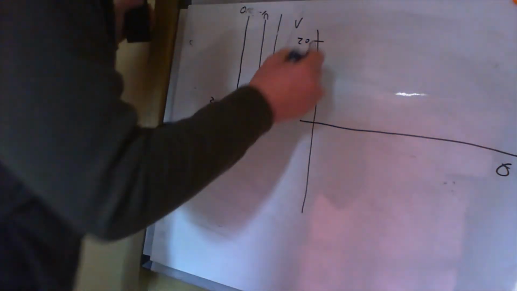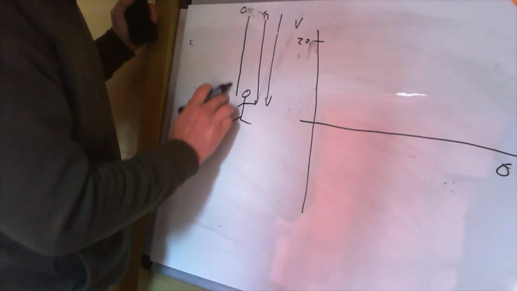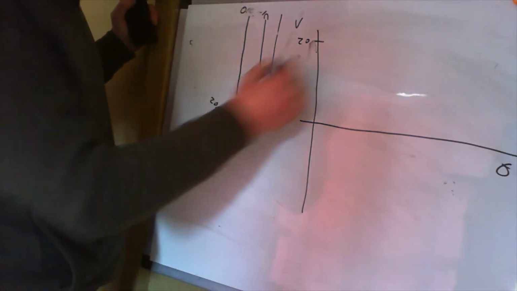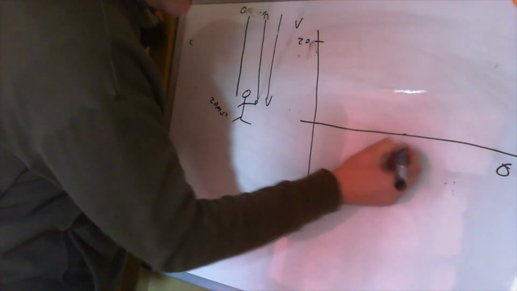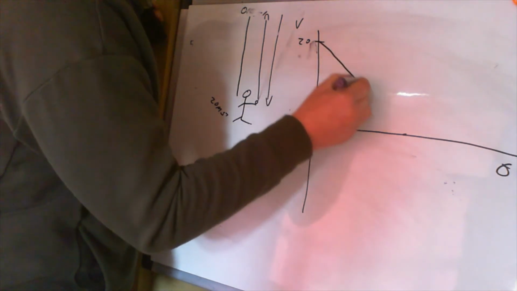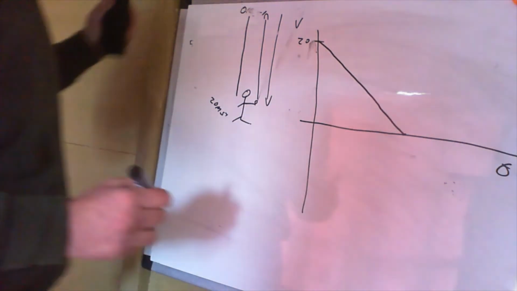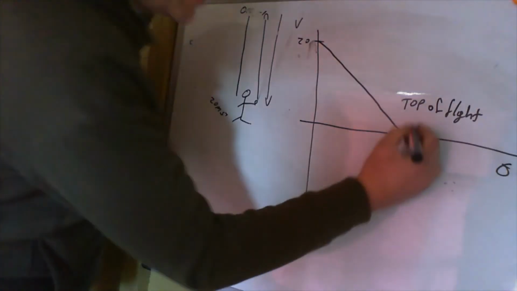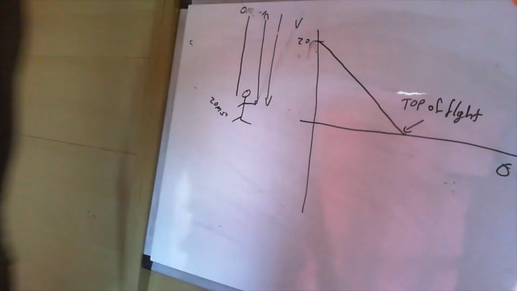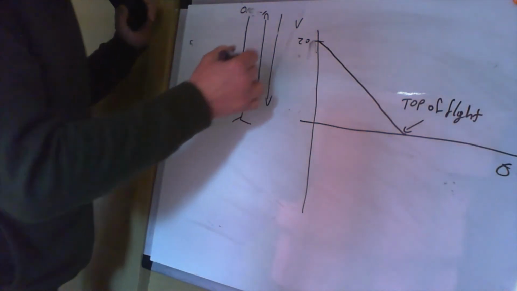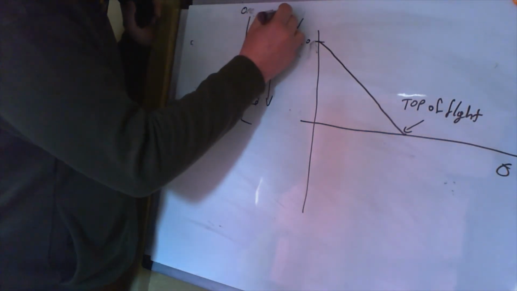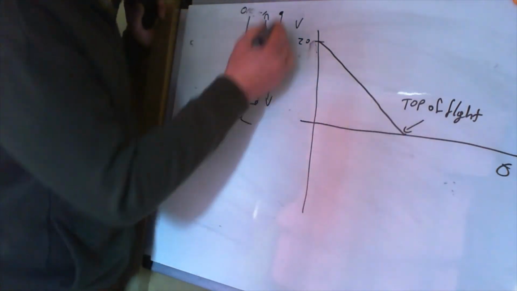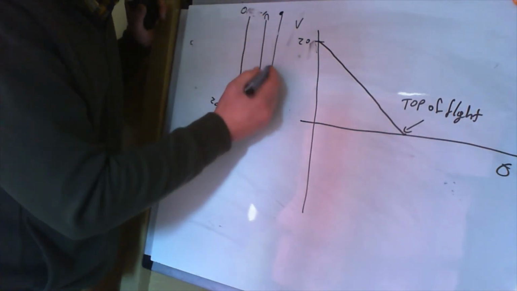So the graph like that would say it's decelerating. It starts off at 20 and it decelerates to 0, and that's at the top of its flight, this point here. And then it starts at 0 and starts accelerating and getting faster, coming back towards you.